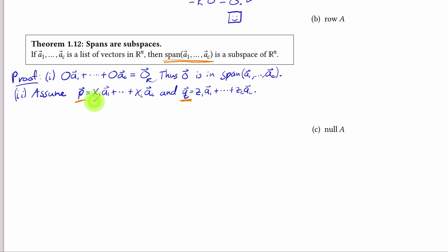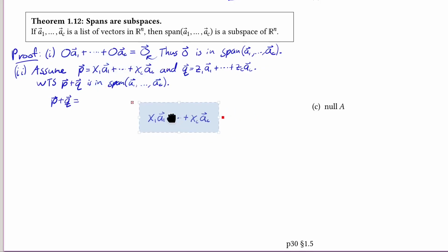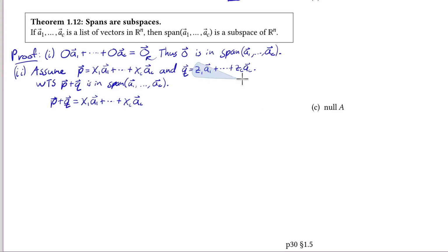It means you can write P as a linear combination of the list of vectors A. Same thing with Q. So that's what it looks like for two vectors to be in the span. Now, P plus Q is the sum of P and Q, obviously, but we can write it like so. There's P, here's Q, and we're adding them together.